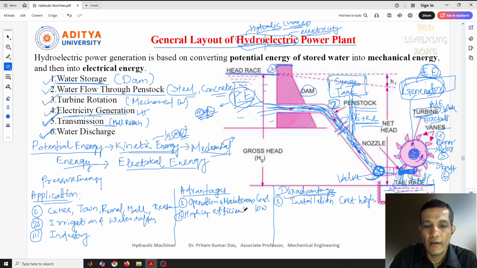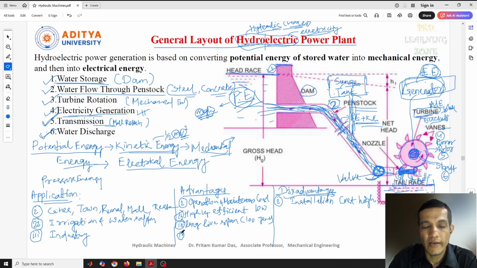And in the advantages, the third one: once you have installed it, it will have a long lifespan. That means it will last at least 100 years without any problem. And due to this, there will be no air pollution.